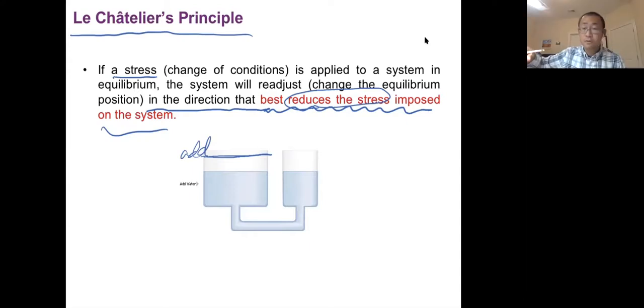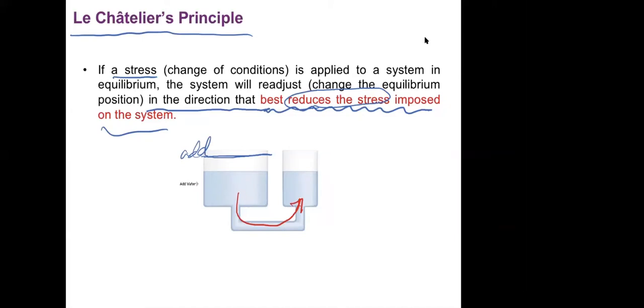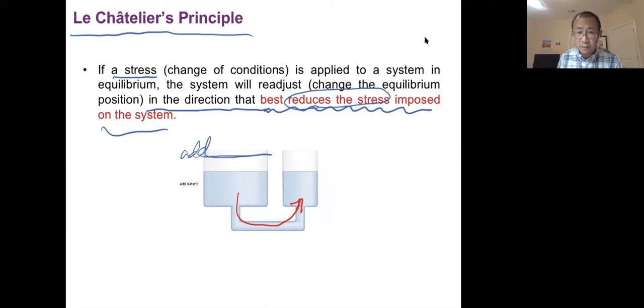The water will move to where? To the right. Is that right, everyone? Yes. Now, water will move to the right. That is the response to the disturbance. The disturbance is what? I add water to the left. And then the water will move to the right. That's what happens for the equilibrium. It will respond to my disturbance.